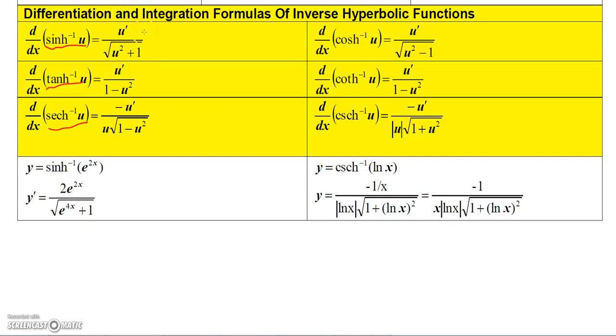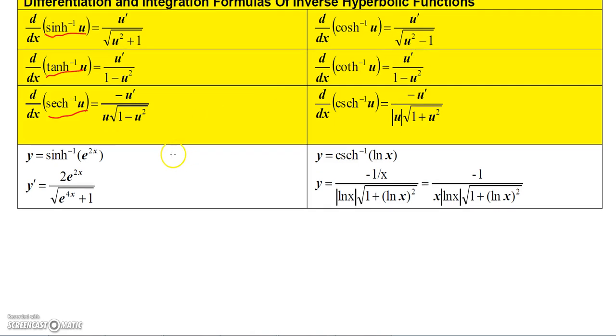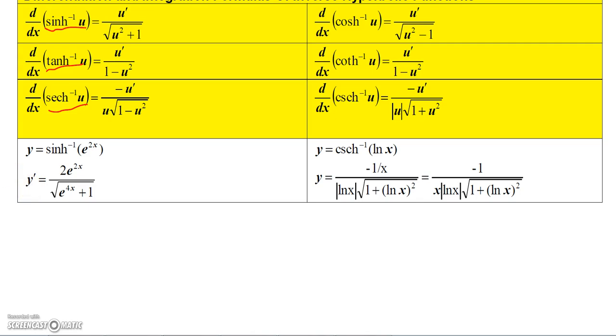Now each of these has its own little formula for the derivative. So the derivative of inverse hyperbolic sine of u is u prime over the square root of u squared plus 1. The derivative of the inverse hyperbolic cosine of u is u prime over the square root of u squared minus 1, and so forth. So what I'm going to do is just do a couple of these.